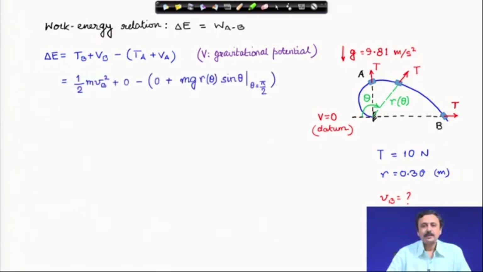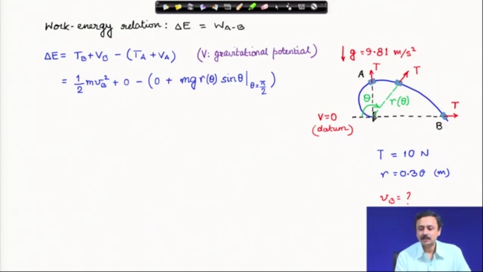Therefore, I can easily write the expressions of T_B, V_B, etc. The kinetic energy at B is half m v_B square, v_B is not known, therefore, this is the unknown term, plus potential energy at B. Remember that I have chosen V equal to 0 on this horizontal line and B is on that horizontal line. Therefore, potential at B, V_B, is 0, minus the kinetic energy at A.